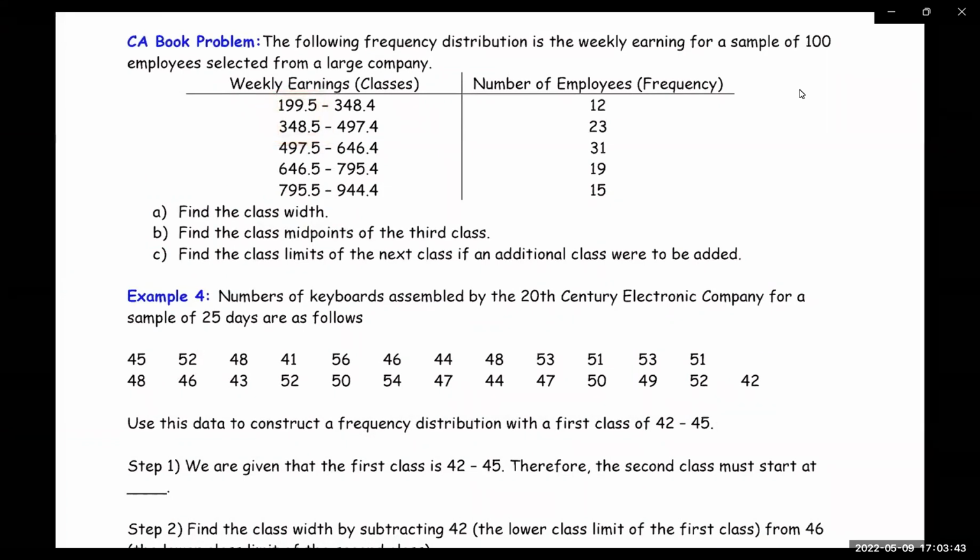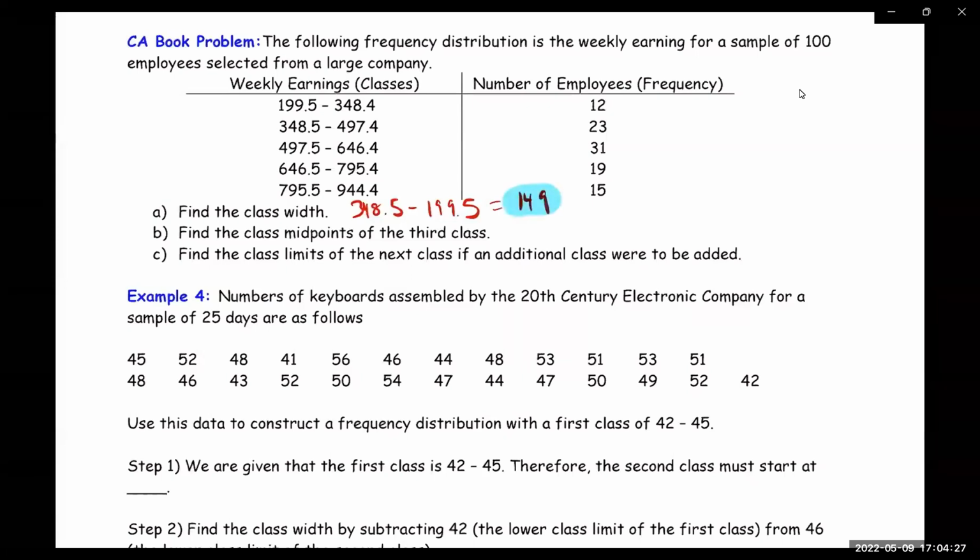The bigger number should go first. 348.5 minus 199.5 is... I think it's going to be 149. Yeah, 149.